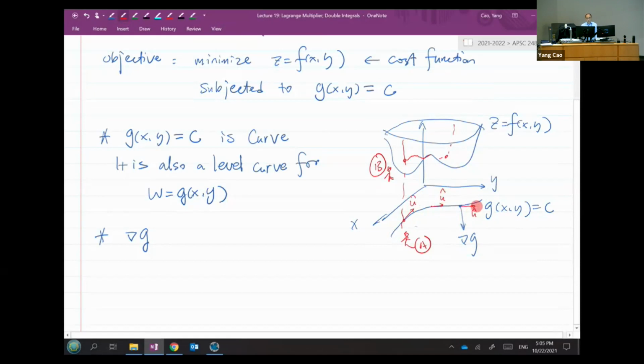And u hat is the unit tangent vector to that constraint curve g of x, y equal to c.